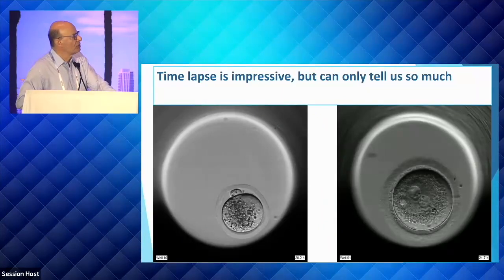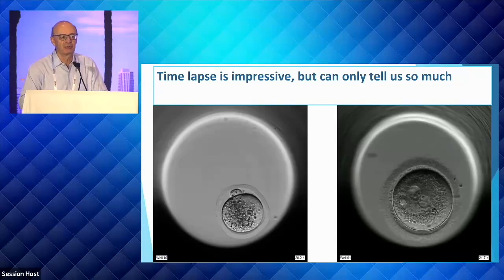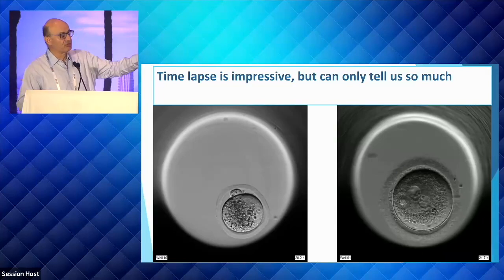I don't know if this will work, probably won't work. So time-lapse, as we know, is super impressive, but it can only tell us so much. And if you look at the mouse on the left and the human embryo on the right, if the video worked, you would see that even though they behave very similarly in cleavage patterns, and we learn a lot from them, you see a lot of different timing in the development of the mouse versus the human.